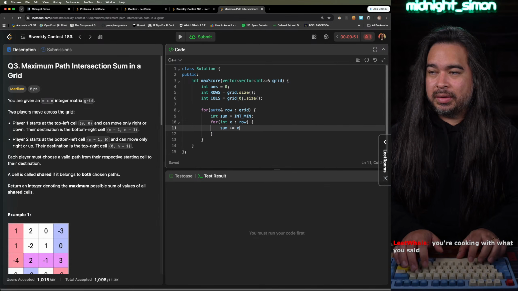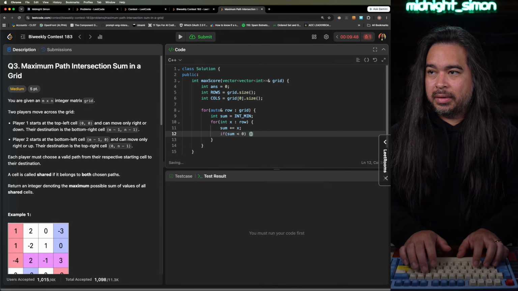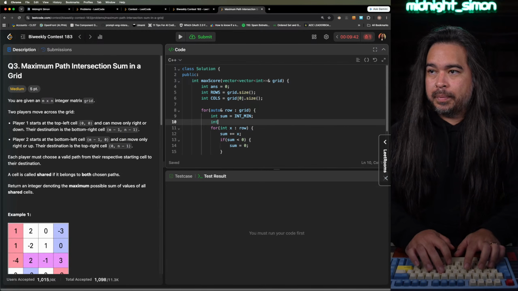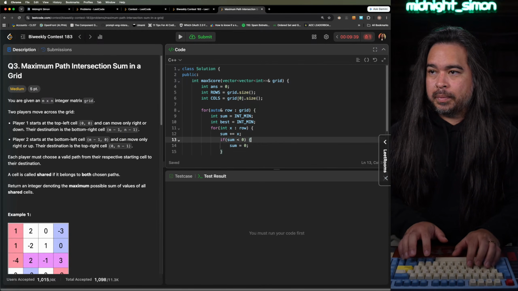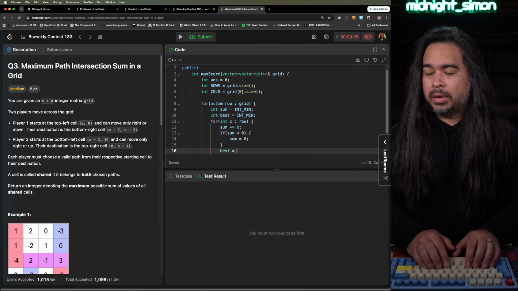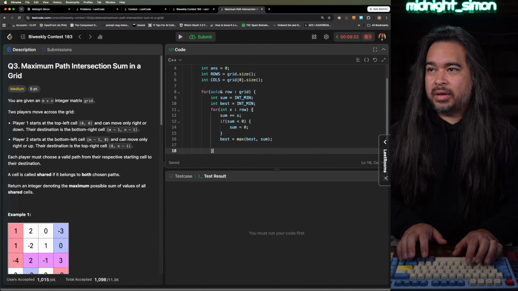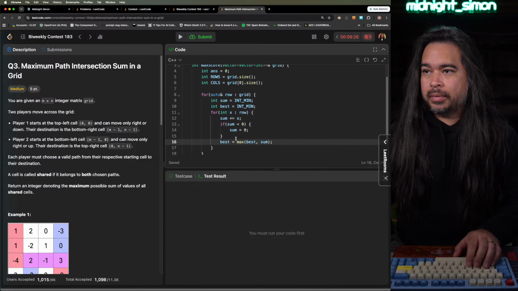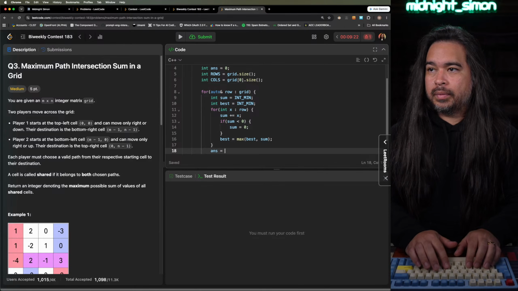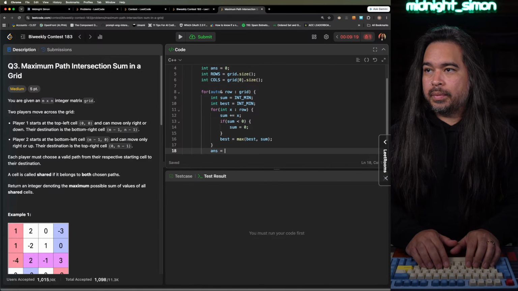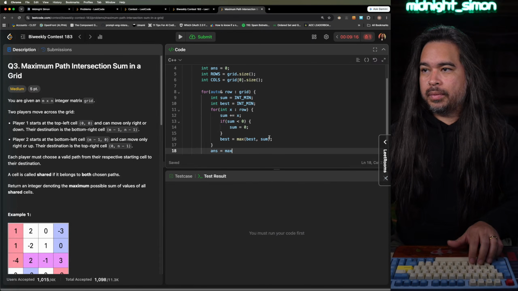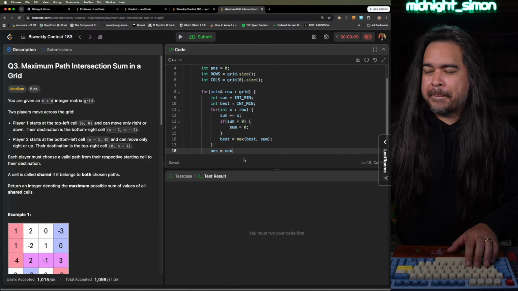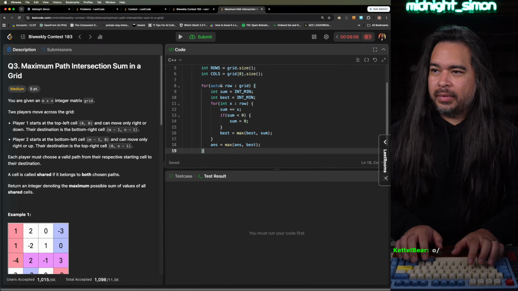Let's just say that, and then if... alright, so those are the rows. And then I'll do the columns.